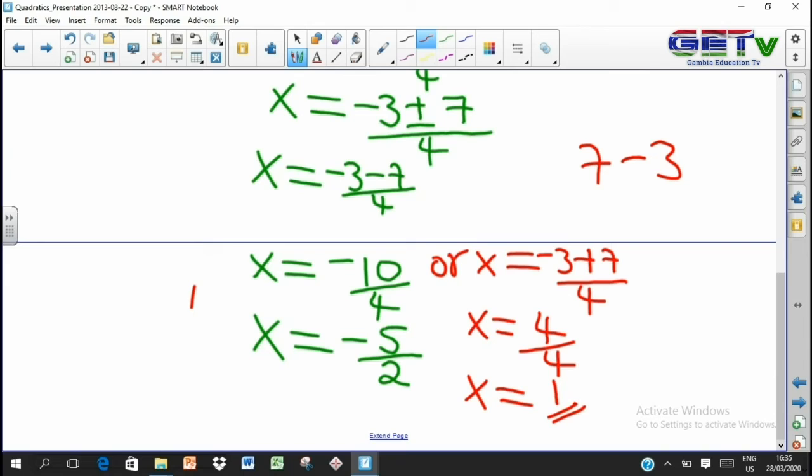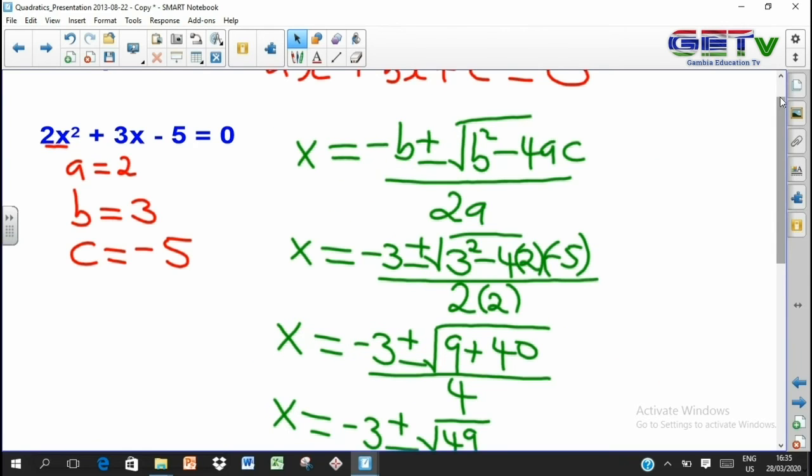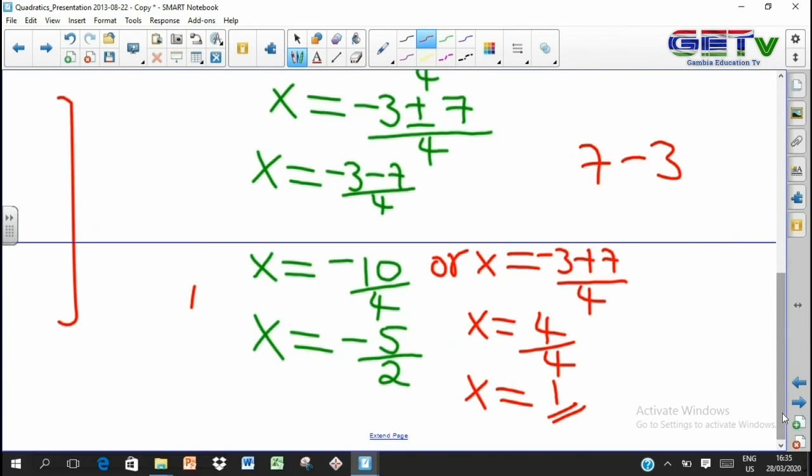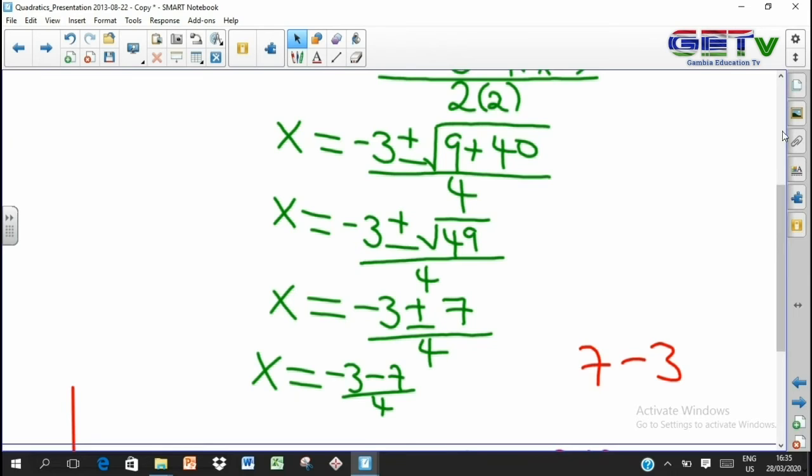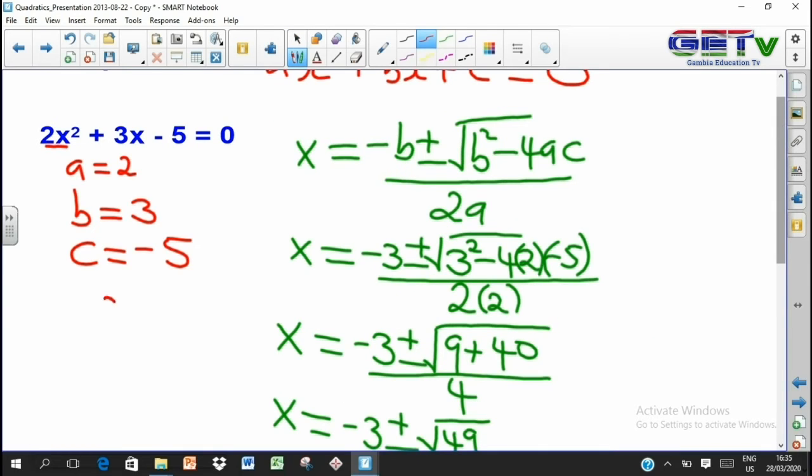So the answers to the equation 2x squared plus 3x minus 5 equals 0 are x equals negative 5 over 2 or x equals 1.